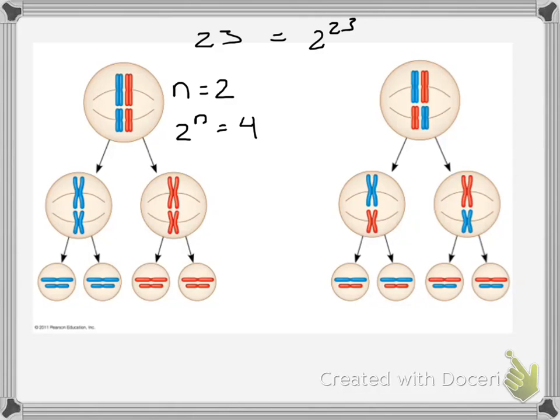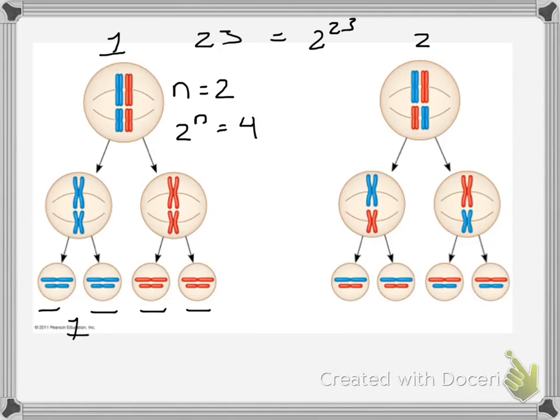What we want to do then is think about how many ways we can do this. If we have possibility 1 here and possibility 2 here in terms of how the chromosomes align at the metaphase plate in meiosis 1, we can have both paternals on one side, both maternals on the other, and we end up with 4 cells at the end of this meiosis. We end up with 4, but we only have 2 combinations.